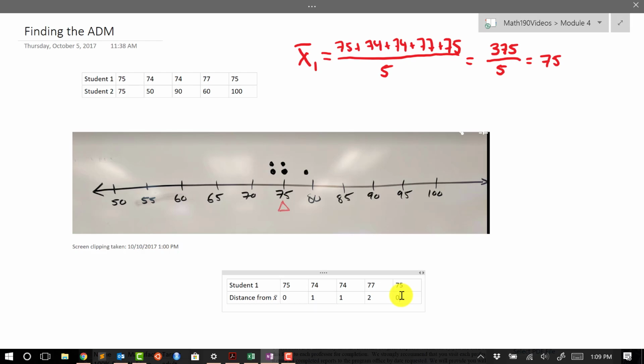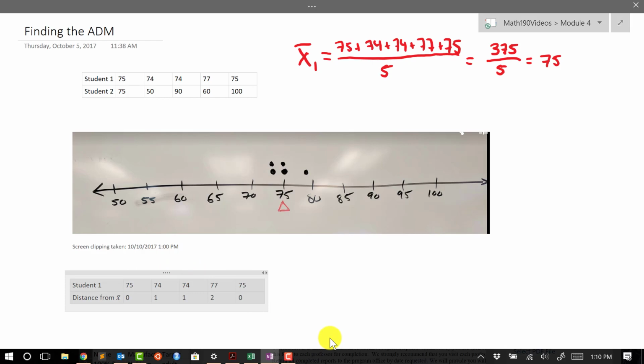Now in order to get the actual ADM, we're going to take those distances and just average them. I'm going to write that over here: ADM. I'm going to take each of the distances. So there's 0, there's 1, plus another 1, plus another 2, plus that final 0.